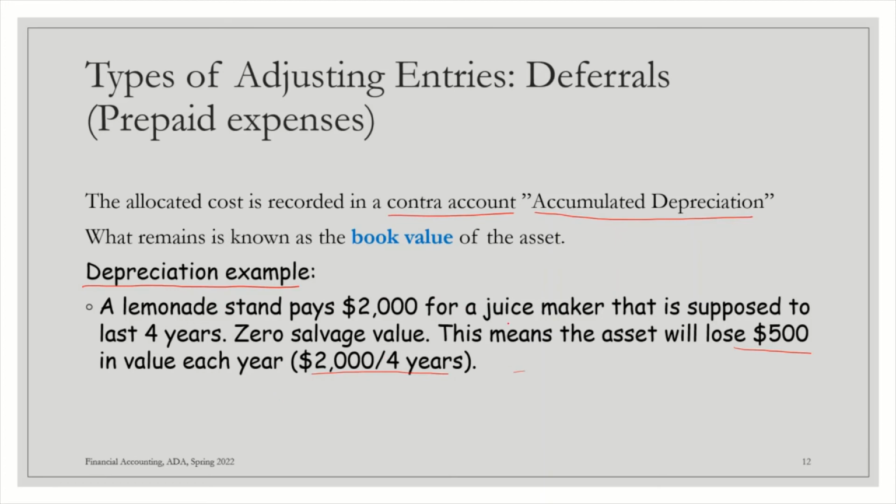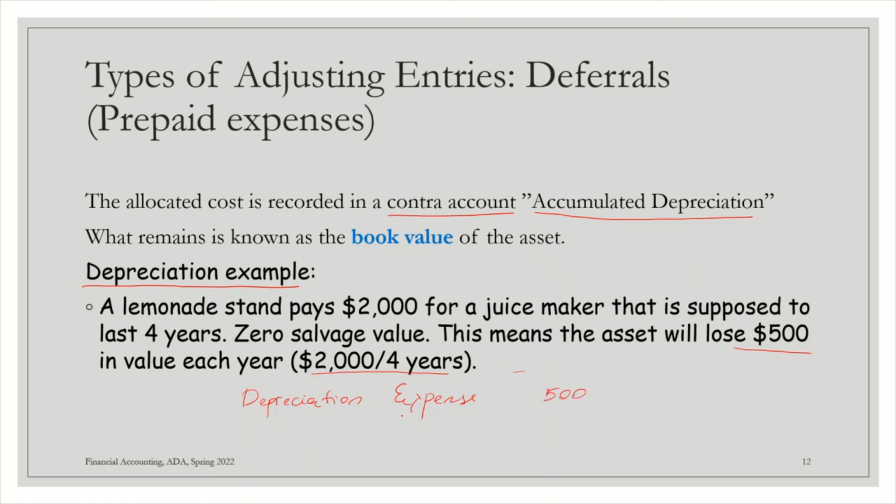So this is the reason why we call it an adjusting entry, and we will use an accumulated depreciation account to enter those $500. So we will have an increase in the expense, depreciation expense, by debiting 500.